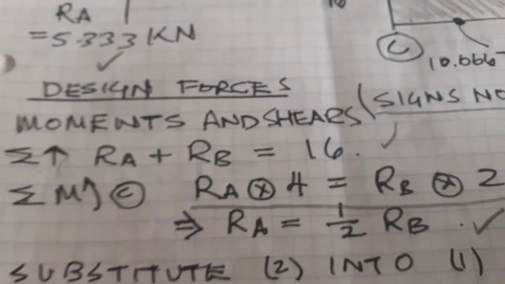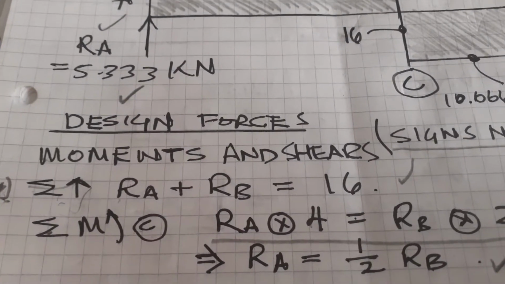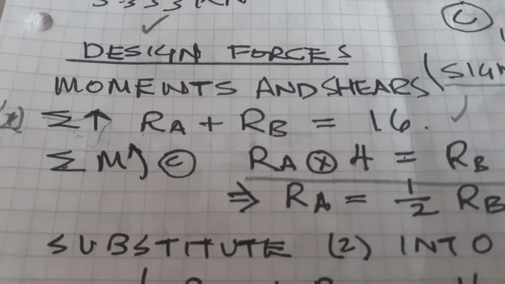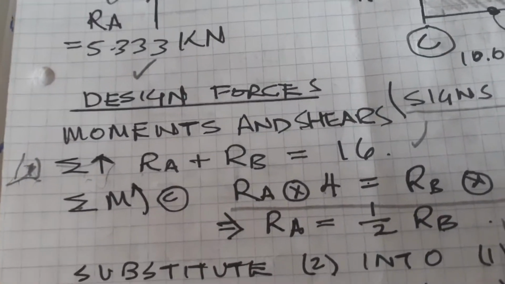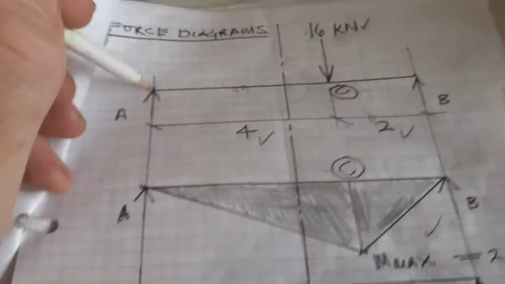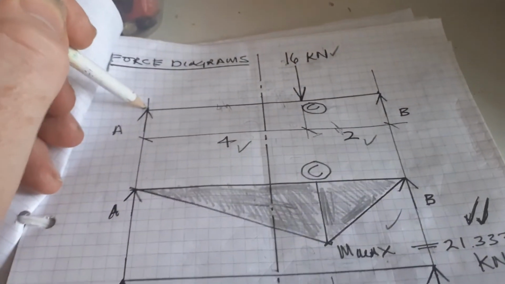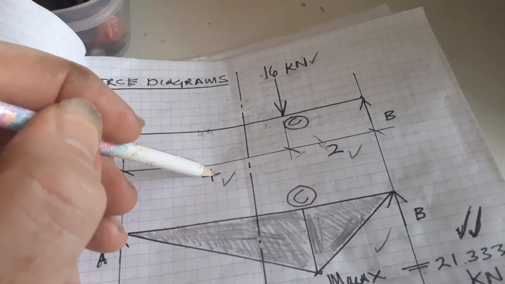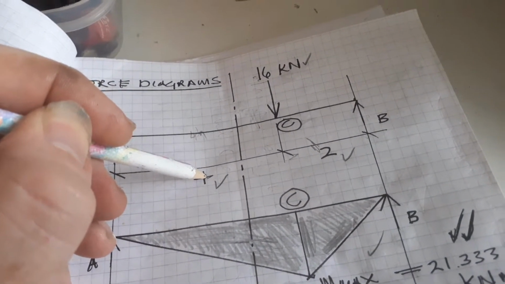That's just to verify that RA plus RB is 16. What you can do, actually, not the best way that I've done this, usually it would be to take moments about A. We would do 16 times 4, which is 64.